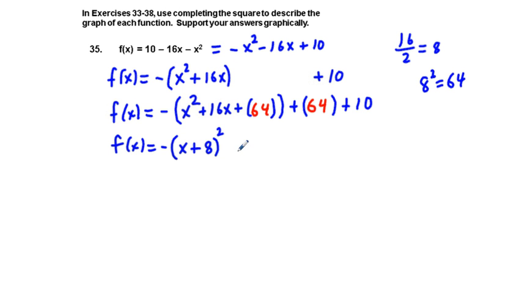And so when we do that, we get plus 74. Got to watch out because we took the negative sign times the 64, which means we had to add it back over to the right.